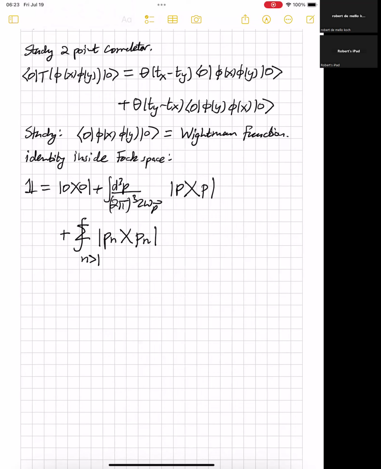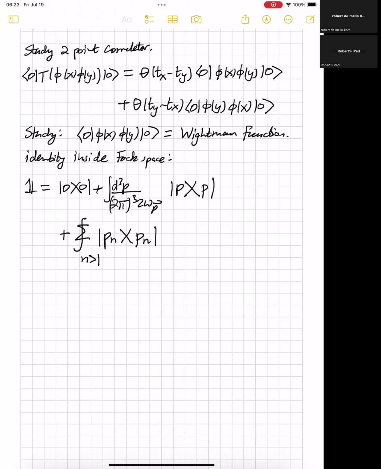So the way that this identity inside Fock space is working, the first term is the identity inside the subspace with no particles. The second term is the identity in the subspace with one particle. And the third term sitting here is the identity in the subspace with more than one particle. Now, I haven't spelled out that third term in too much detail, and that's because we're not going to need it too much in what follows.